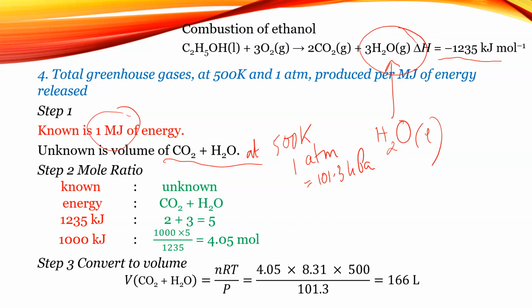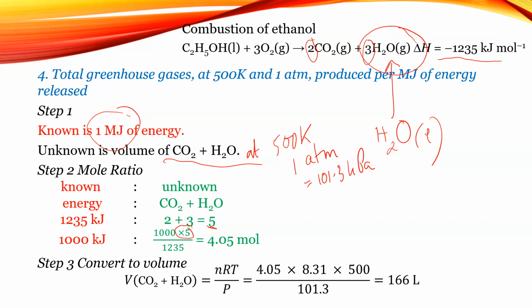Our total from the equation has to be the total of the two. So they're added together, the 2 mole of CO2 and the 3 mole of H2O. So we take our 1,000 kilojoules, we divide by the 1235, we multiply by 5 because we've added the 2 together, we get 4.05 mole.